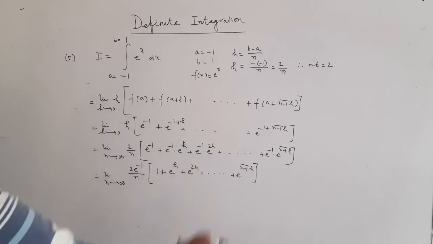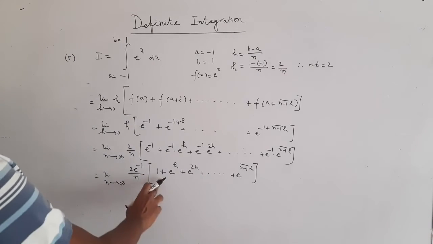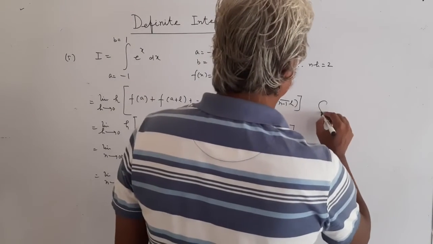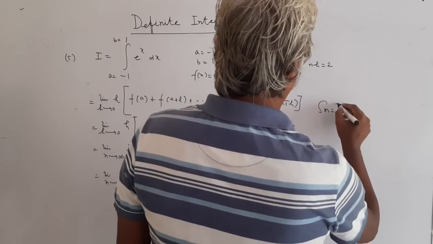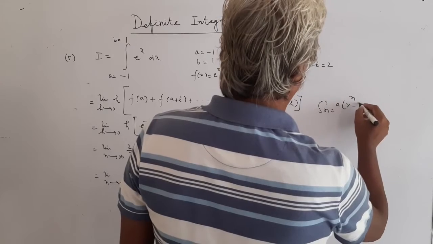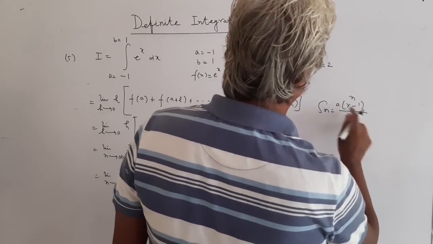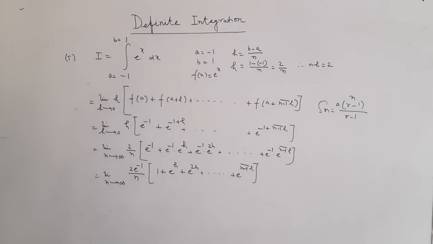Now this is a geometric series, and the sum for the geometric series goes as a times (r to the power n minus 1) over (r minus 1) when the mod r is greater than 1. So this formula we'll use here.